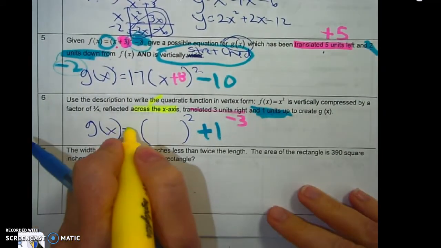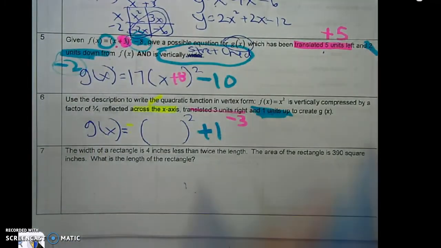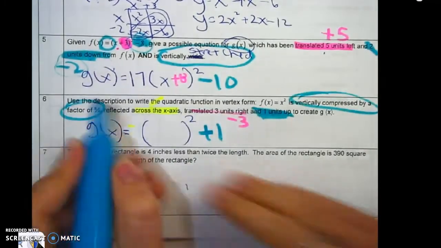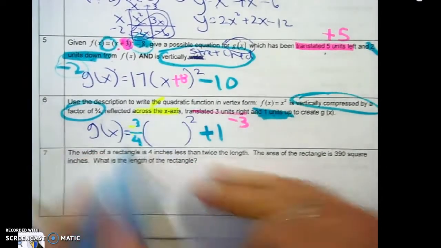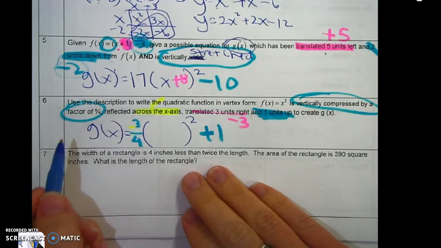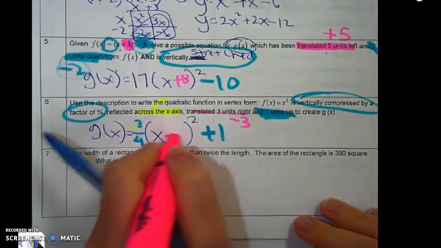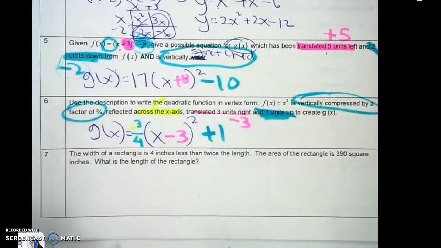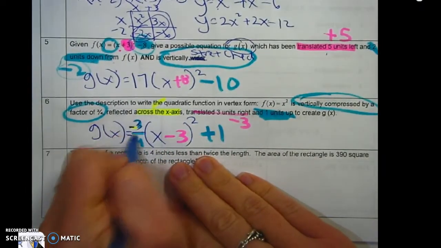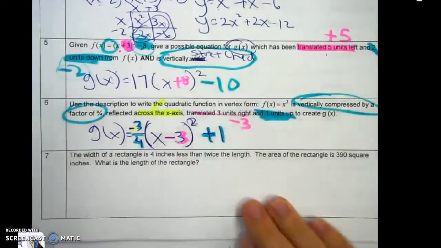So let me put a little negative here. All right. Vertically compressed by a factor of 3/4. Well, vertically means it's on the outside. Okay. And I think that covers everything. So, oh, I didn't actually write the left. I mean the right. So my final answer is g of x equals -3/4 parentheses x minus 3 squared plus 1.